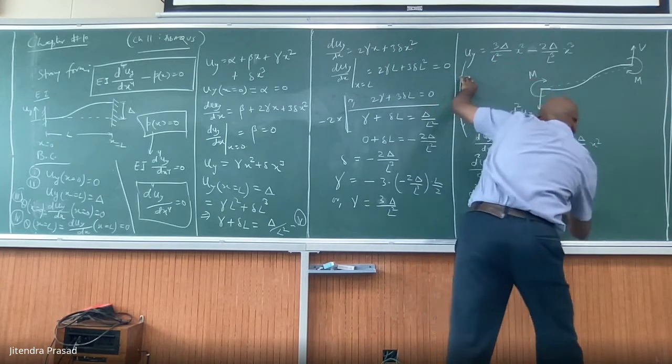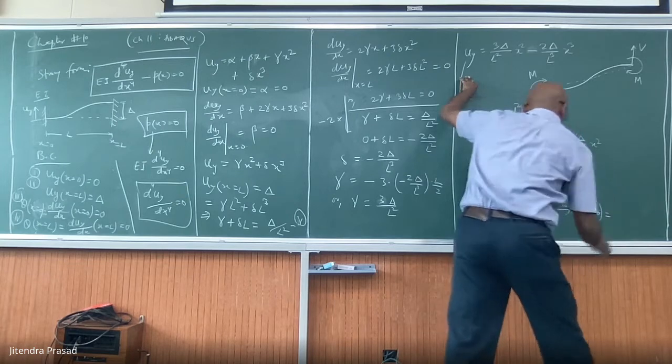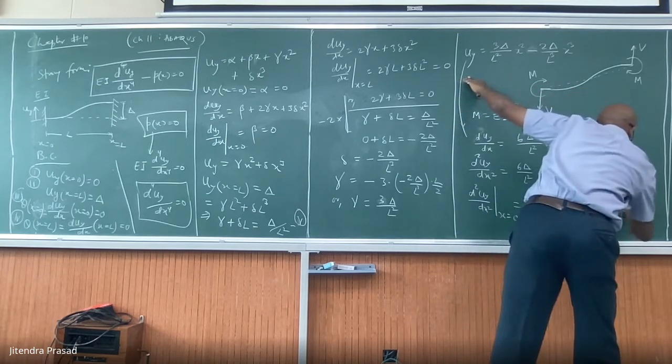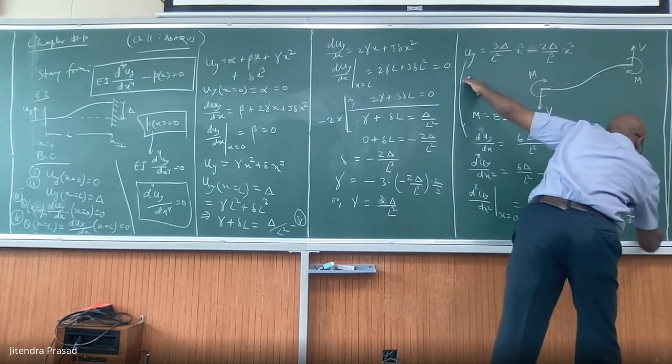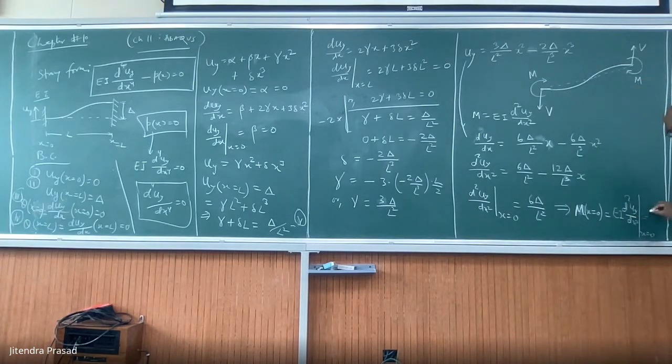Okay, and hence EI m at x equal to 0 is equal to EI L square uy over x square at x equal to 0, which will be equal to 6 EI delta over x square.